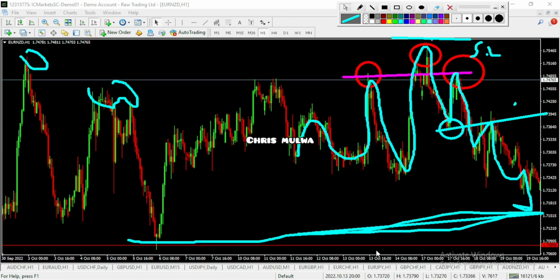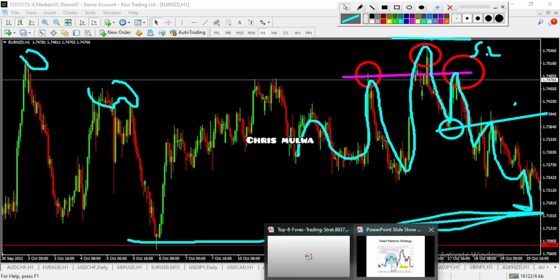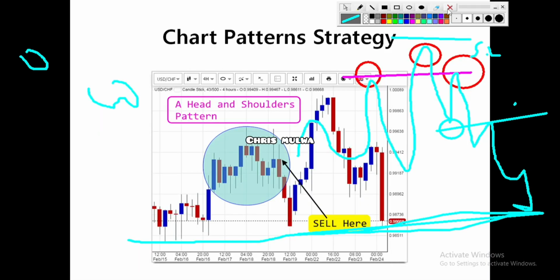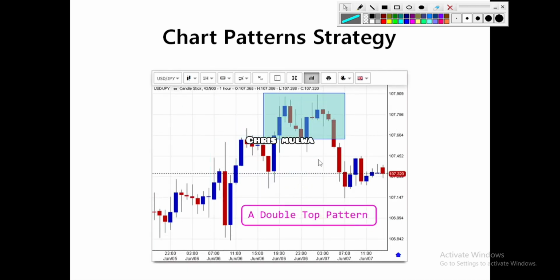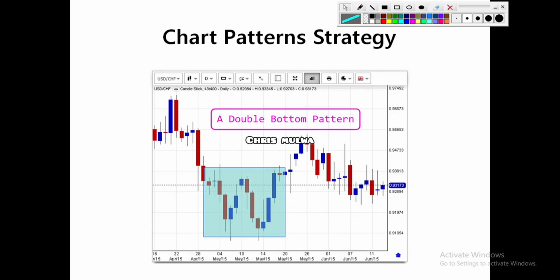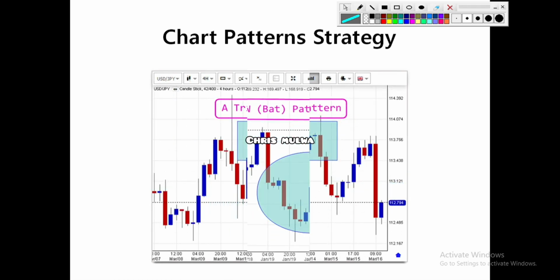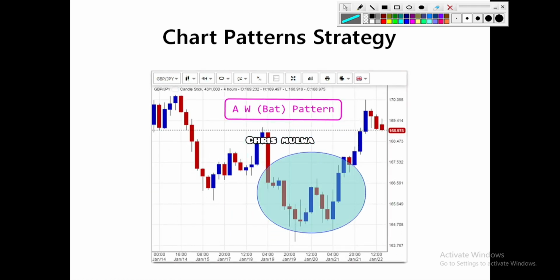Let us go back and see what we have. We have covered head and shoulders. Previously, we covered this area. Let me take you back. Our first strategy, if you have not watched, please ensure that you go through it. They are all related. Our first one was the W pattern.